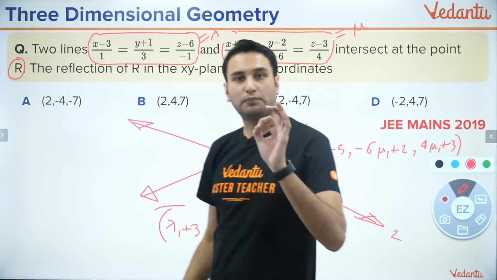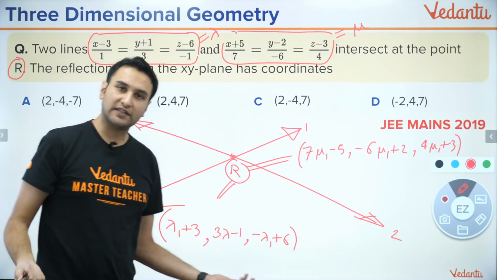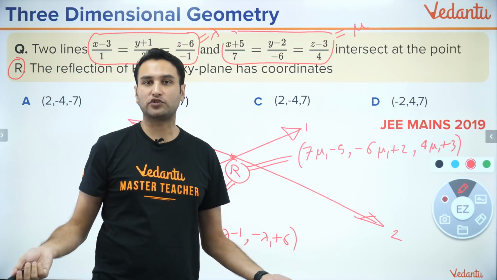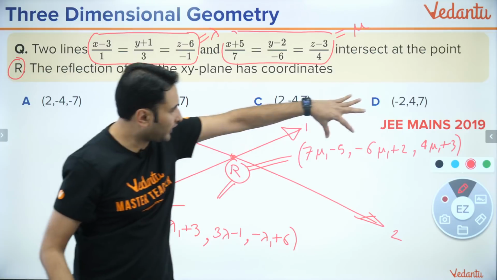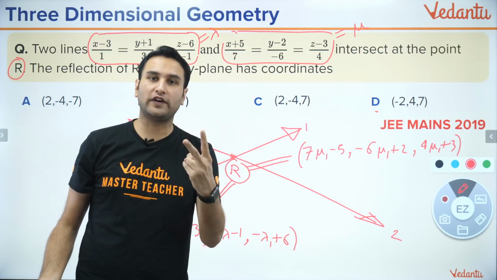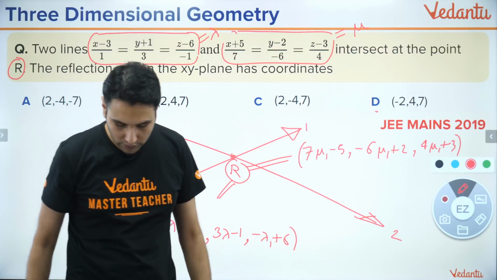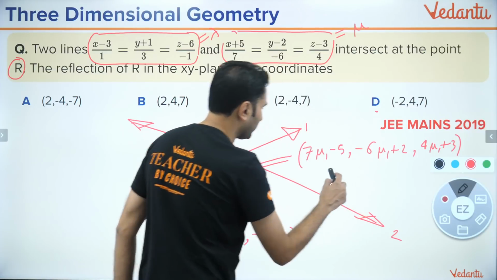But for the point of intersection, both the points are same. Just equate the x, y, z components. Equate this with this, equate this with this. 2 equations, 2 variables. You will get the value of lambda and mu. What did I do? Equate. Which do we equate?